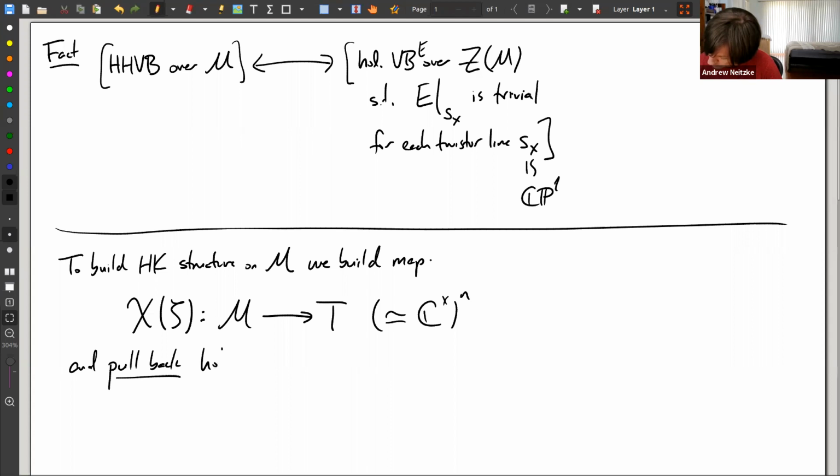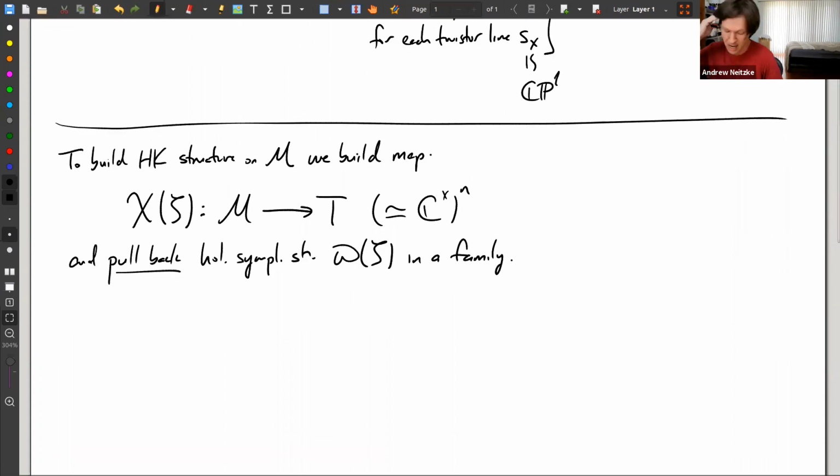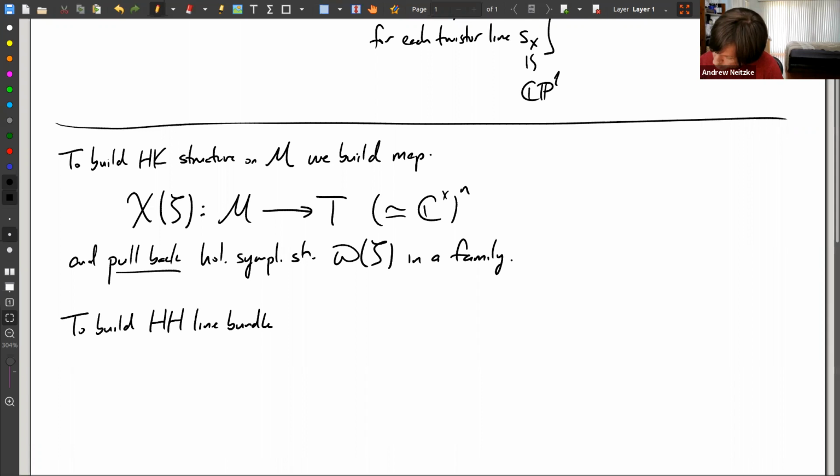We pulled back holomorphic symplectic structures varpi of zeta in a family. So we have this family of maps to the torus, and use them to pull back a family of holomorphic symplectic structures. So now we want to build a hyperholomorphic line bundle over M. What we'll do is we'll build a kind of diagram.